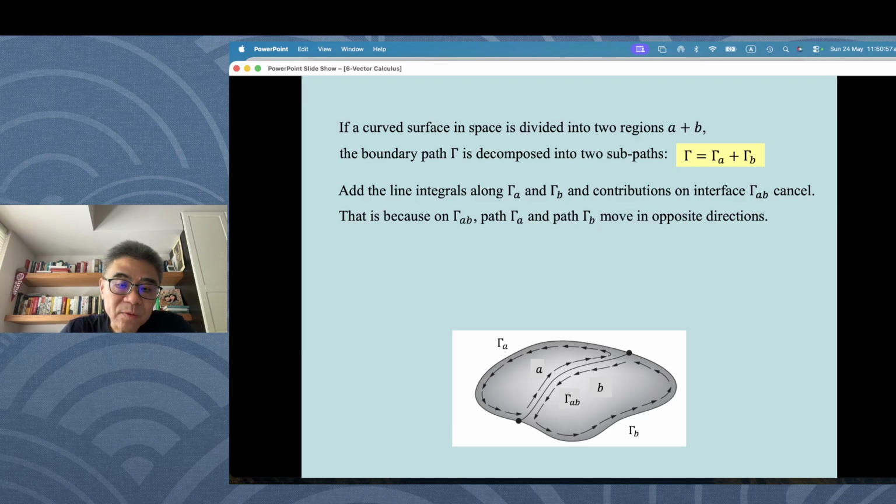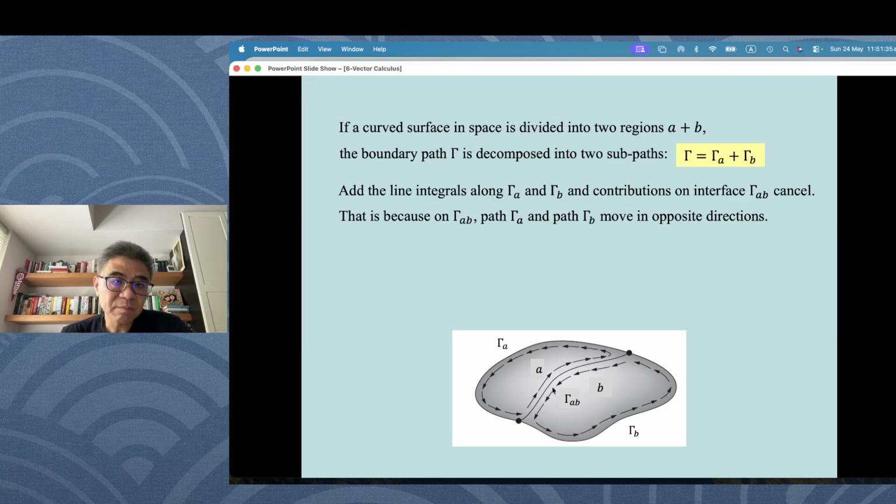However, if you look from region B, it flows like this, and there it flows like this, so that it becomes a smooth motion around the whole path of gamma. On gamma AB, it moves in the opposite direction from the direction we move looking from region A. So this direction is opposite to this direction.